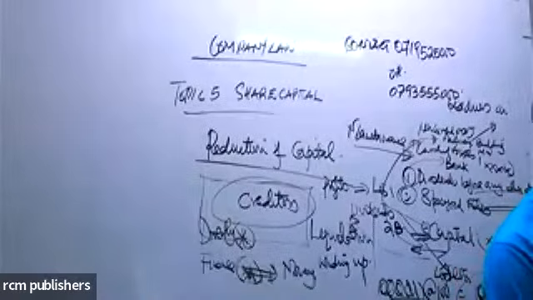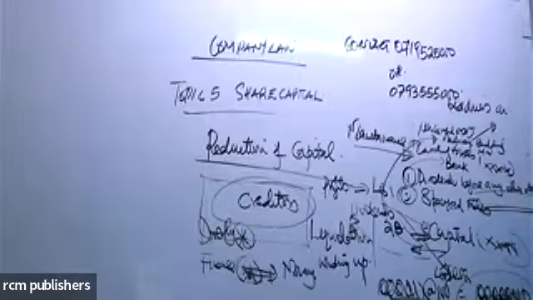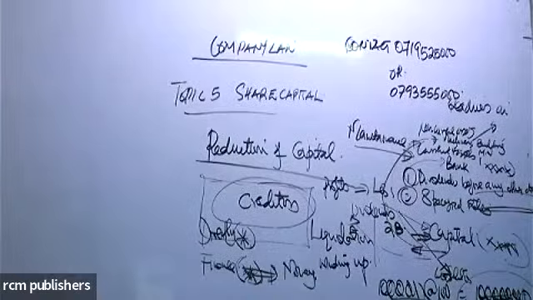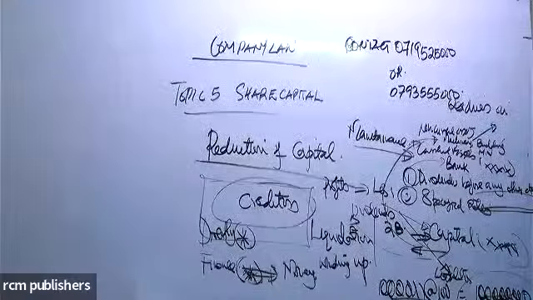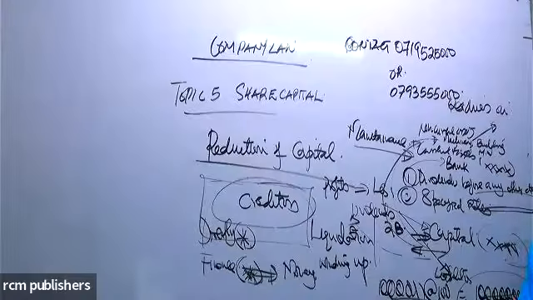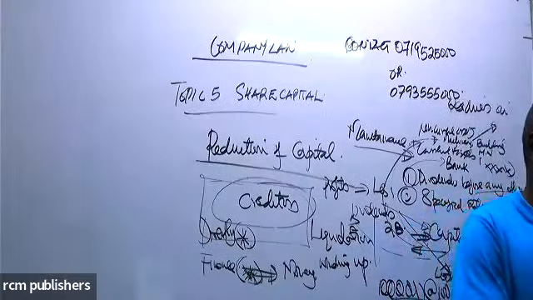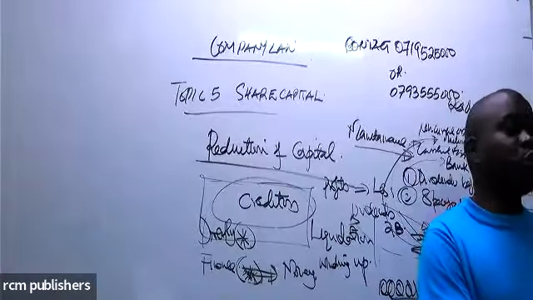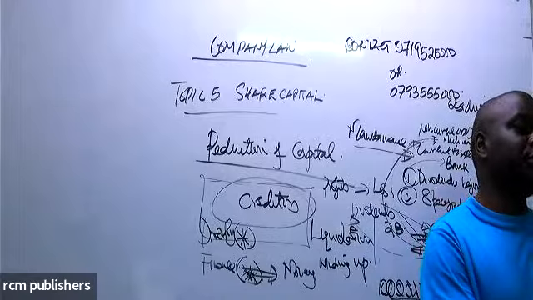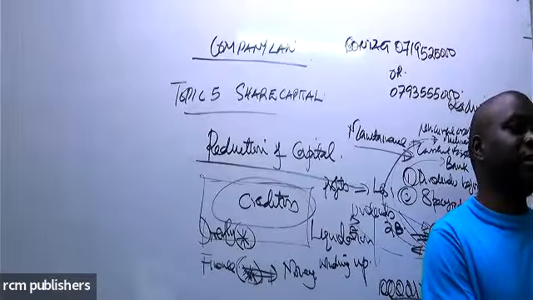Transferable shares. Number 2, the membership. In a private company, the minimum membership is 1 up to a maximum of 50. What about a public company? Minimum is 7, and maximum, no limits.